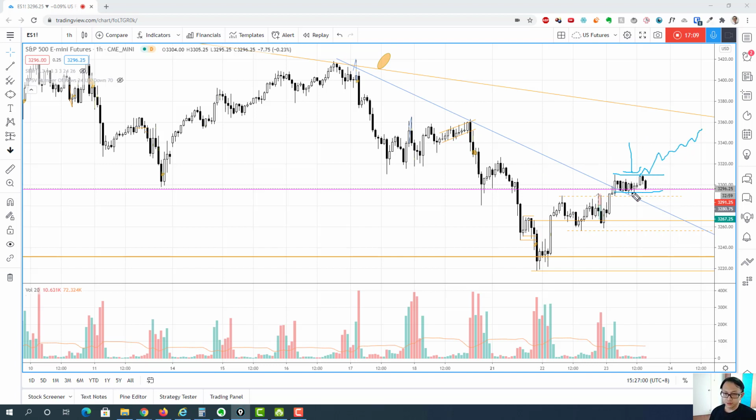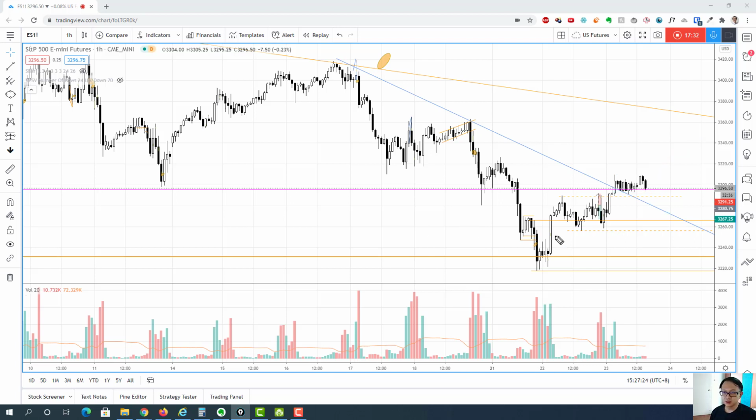So right now we are still pretty much stuck within this small trading range, but as long as it can sustain above, or even if it retraces but does not really break, I think the immediate support level will be 3260. That's just based on the day low here.